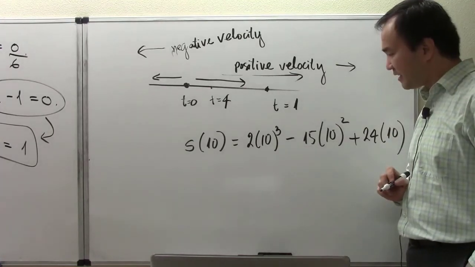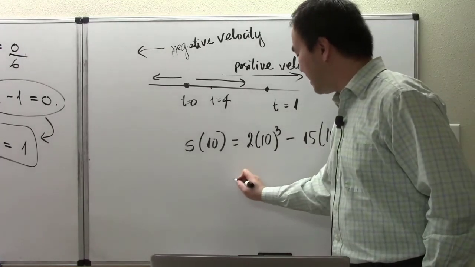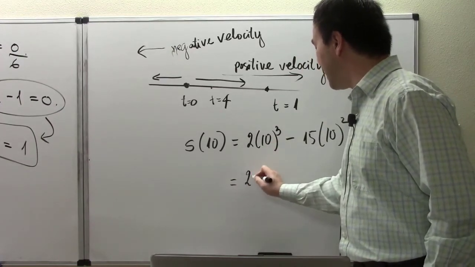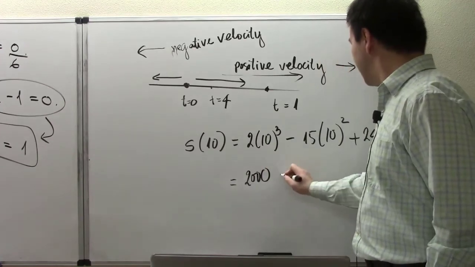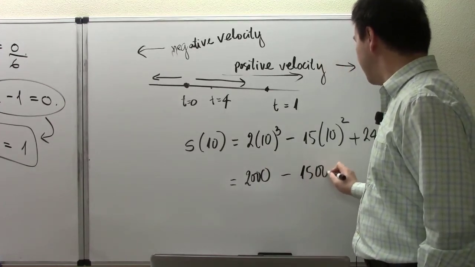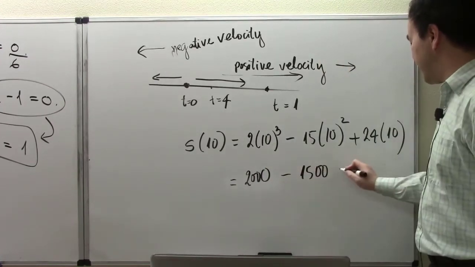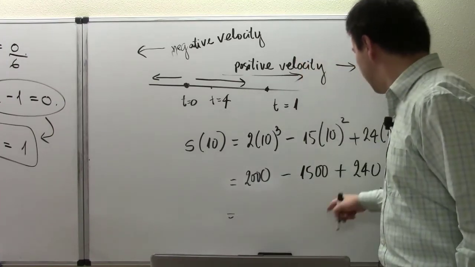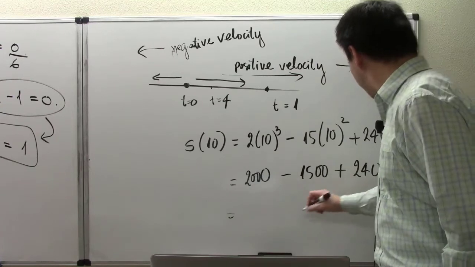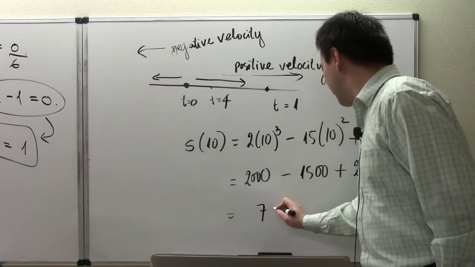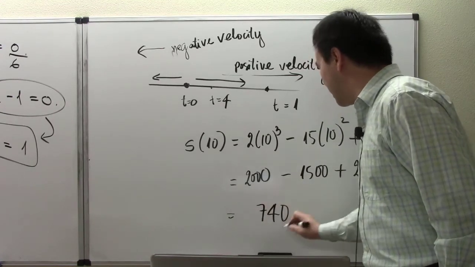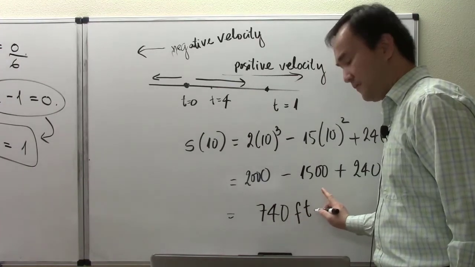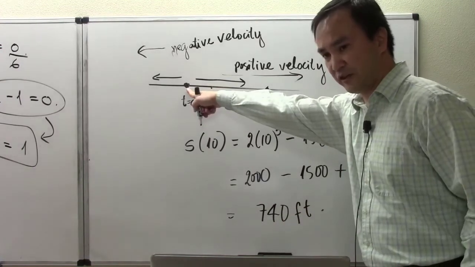So that makes 2,000 minus 1,500, giving me 500, plus another 240, which gives me 740. So you are 740 feet away from the original point.